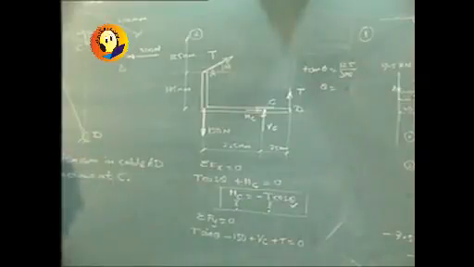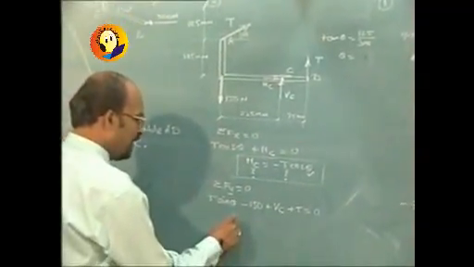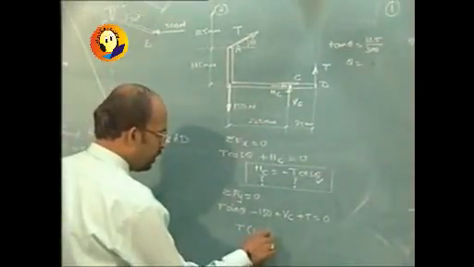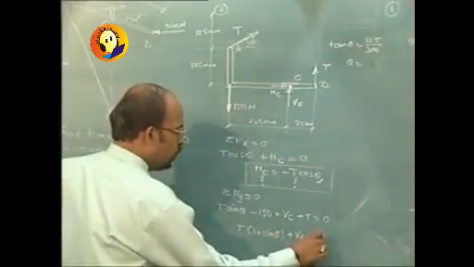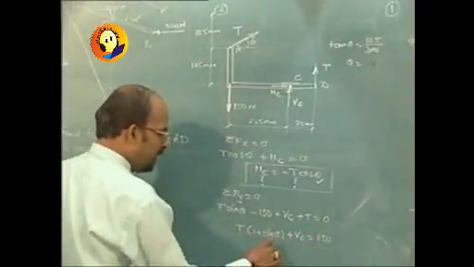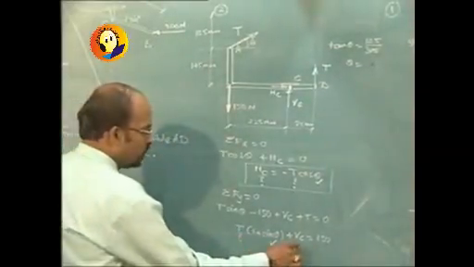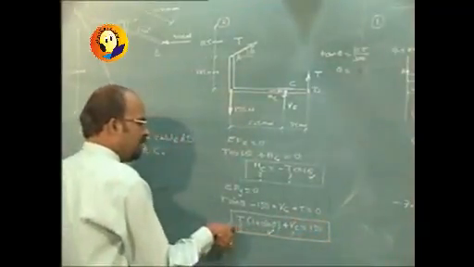So ultimately I get one more equation. I will get the equation as T into bracket 1 plus sin theta plus Vc is equal to 150, and out of that only sin theta is known to me, T is unknown as well as Vc is unknown, but we get the second equation.